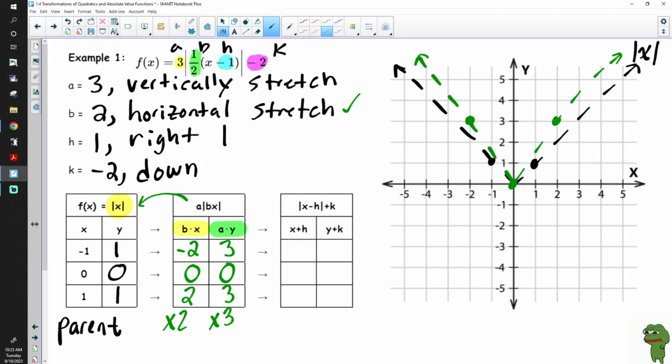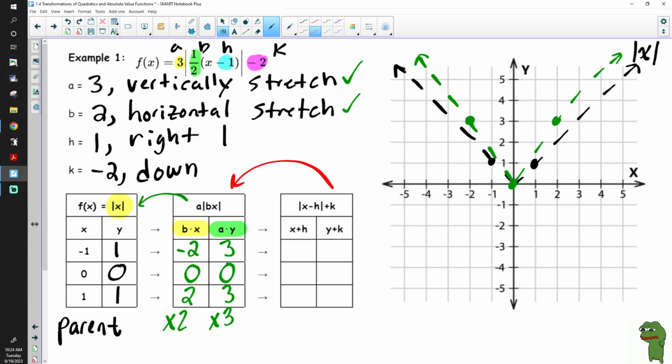So far we've done our a and we've done our b. Our last table is for doing our h and our k. And we always base our x and y values off the last table, so we don't start all the way back at the first table. Now we're using these values that we just made.